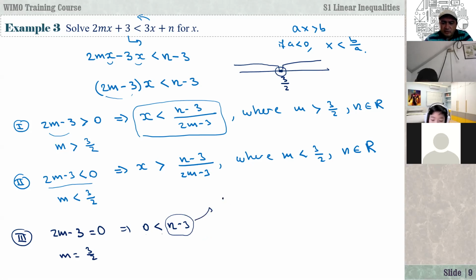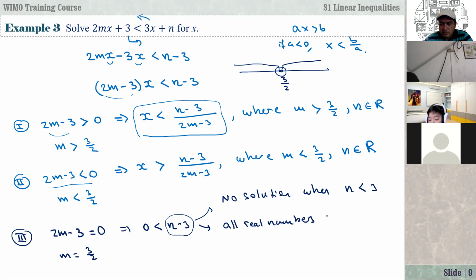So here we have no solution when n minus 3 is negative. That means that n is less than 3. And here, the solution is all real numbers when n is greater than 3.